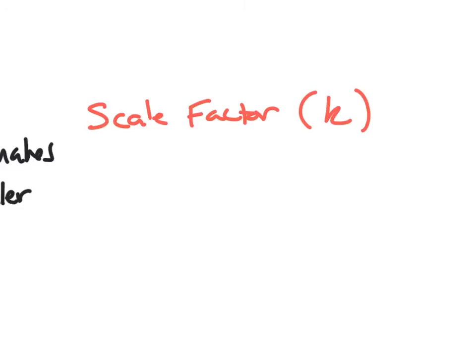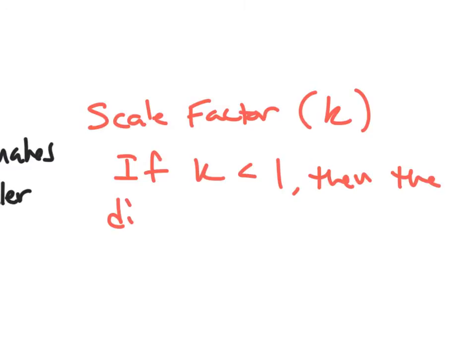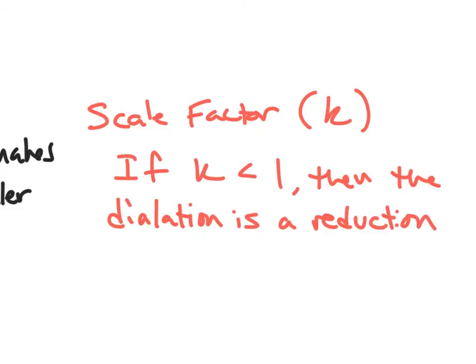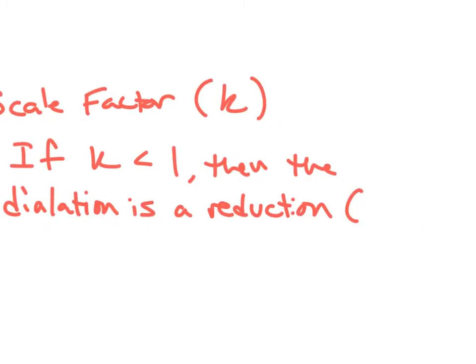If k is less than 1, then the dilation is a reduction, and when we say reduction, we mean that it gets smaller.